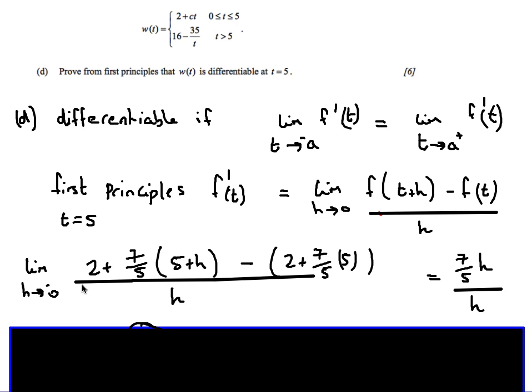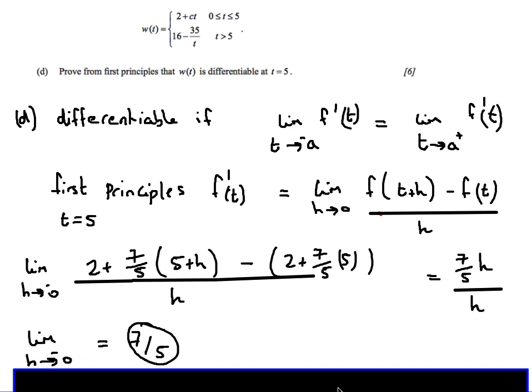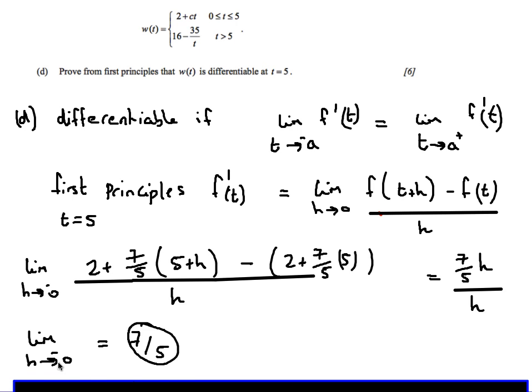So the limit of this function on the left hand side, well, we have 2 plus 7 over 5 bracket 5 plus h, just replace t with 5 plus h, and then take away 2 plus 7 over 5 times 5. Okay, because remember I'm looking at the point when t is equal to 5. If I then simplify this top line, I'm going to get 7 over 5 h over h. Okay, and then I can see, well, the h's are going to cancel, and therefore the limit on the left hand side of this differentiated function is going to be 7 over 5.